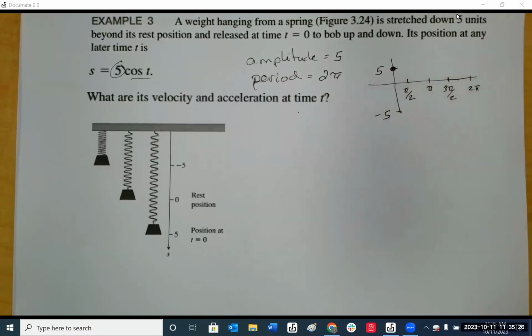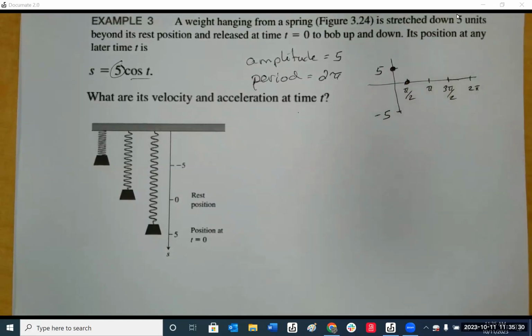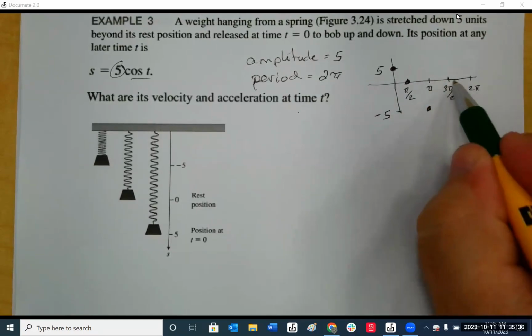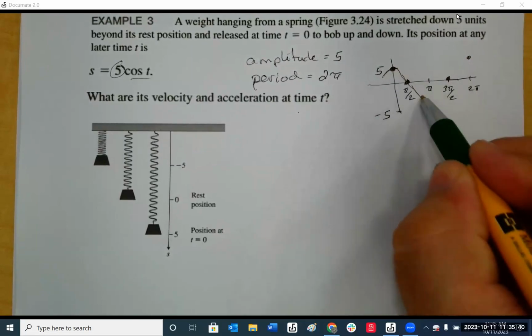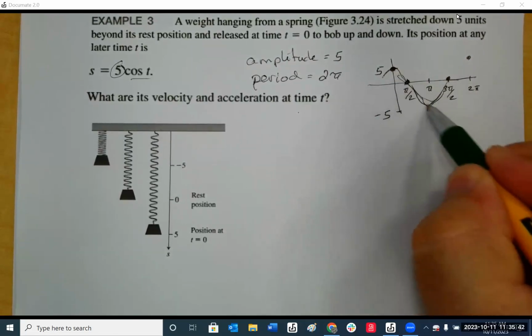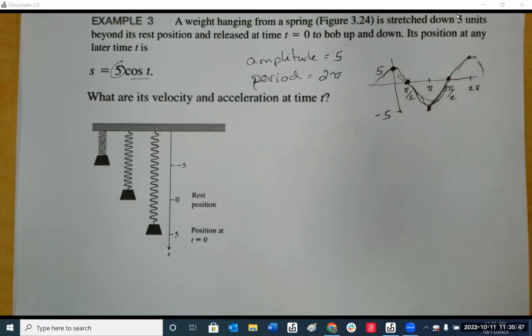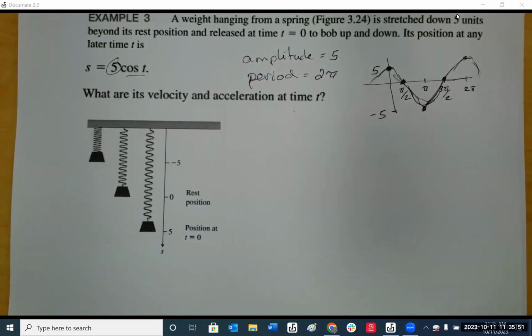What's it going to be at pi over 2? Cosine of pi over 2 is 0. At pi, it's going to be negative 5. So that's what the graph is going to look like. That's the graph. But what's the velocity and acceleration?